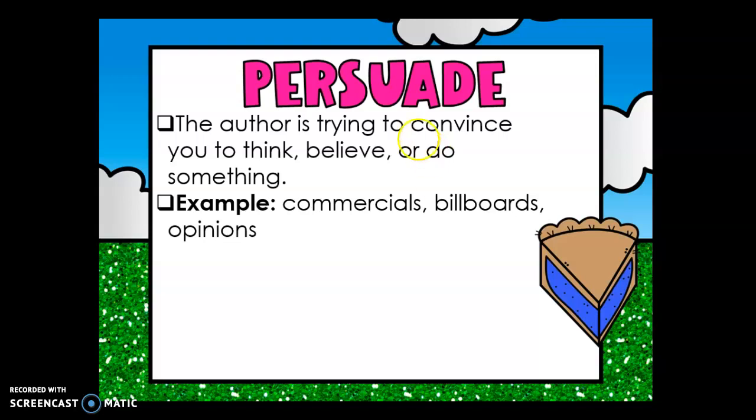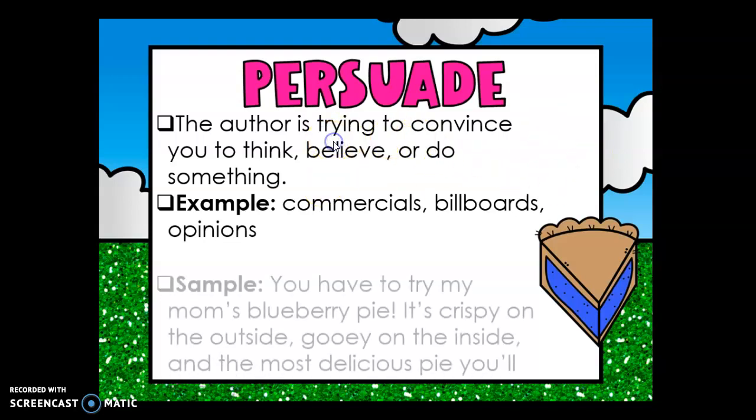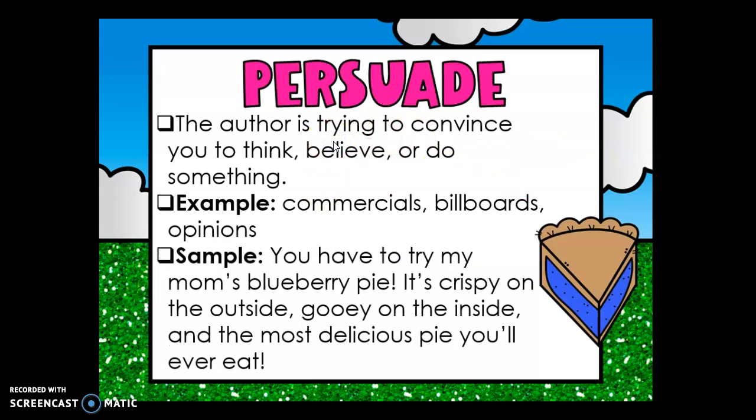They're trying to persuade you. Sample. You have to try my mom's blueberry pie. It's crispy on the outside, gooey on the inside, and the most delicious pie you'll ever eat. So they're trying to persuade you and convince you that their mom's blueberry pie is the best.